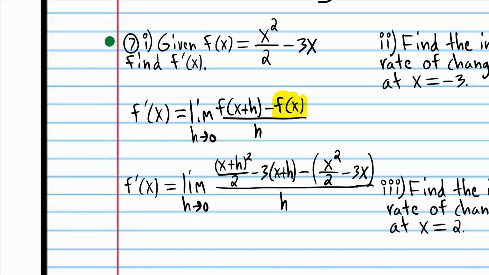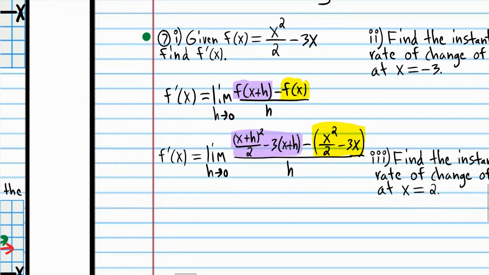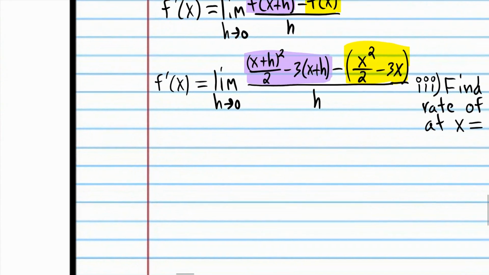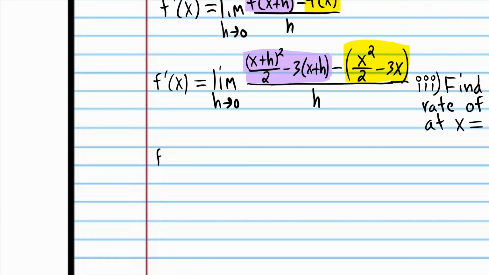So this is f of x, and this is f of x plus h. So the setup is really the most important part. So let's double check, make sure we did everything correctly. Everything looks right, so now we have to simplify the expression and find the limit.